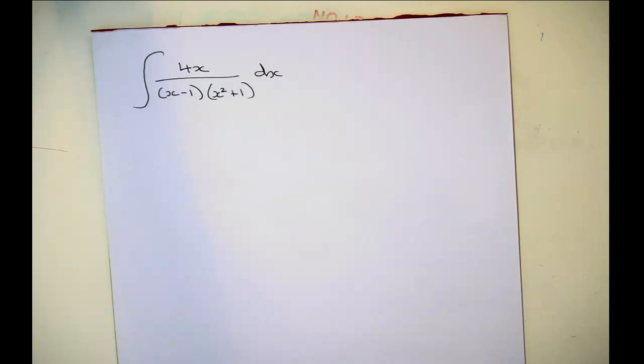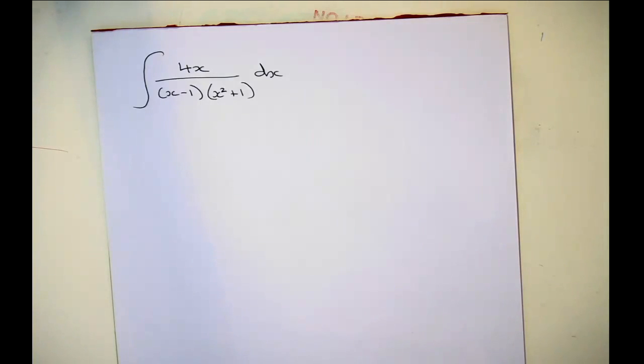Notice, however, that the x squared plus 1 can't be factored into real factors. Yes, technically you could write that as x minus i times x plus i, where i is the square root of minus 1. Some textbooks and websites do that. Don't do that. That's just going to make life harder, because then you'll have fractions involving complex numbers.